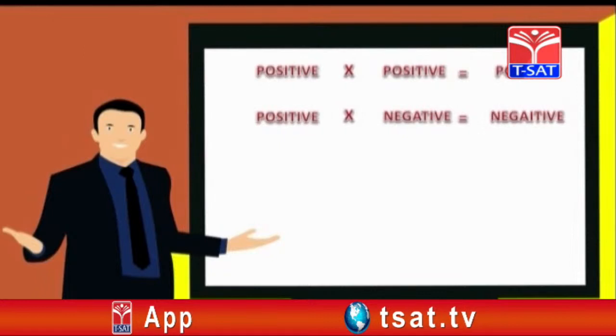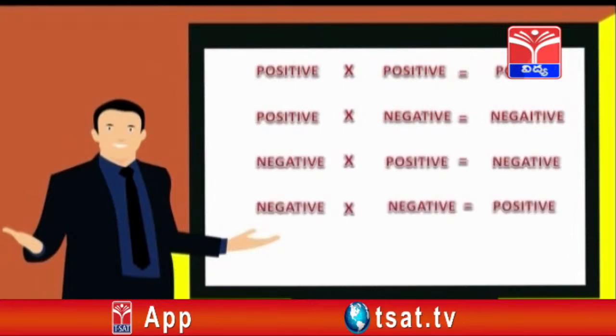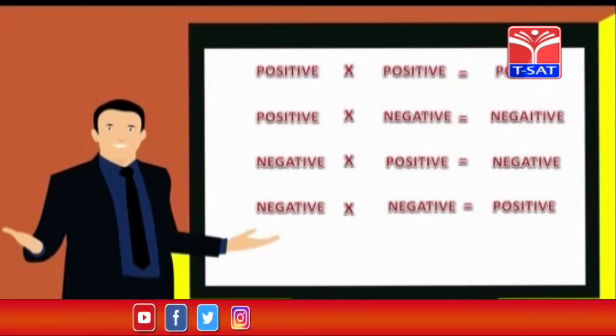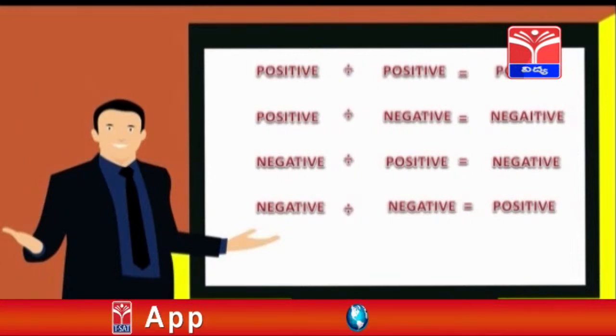From the multiplication rules we have got these 4 results in the multiplication of integers. But do you observe, students, these rules and now the division rules all are same.